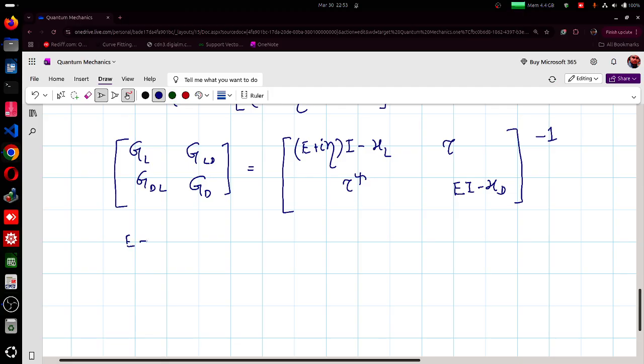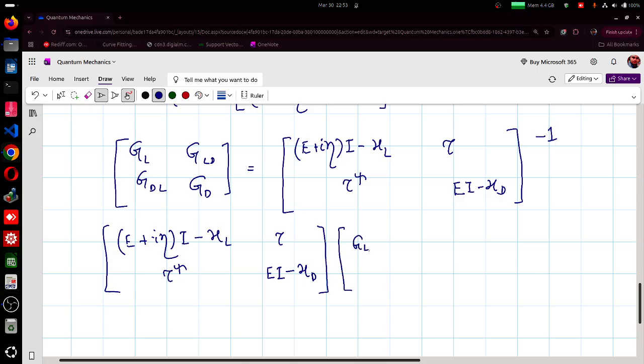So E plus iota eta I minus HL, tau dagger, this is tau, this is E I minus HD, multiplied with the Green's function will be this, right?